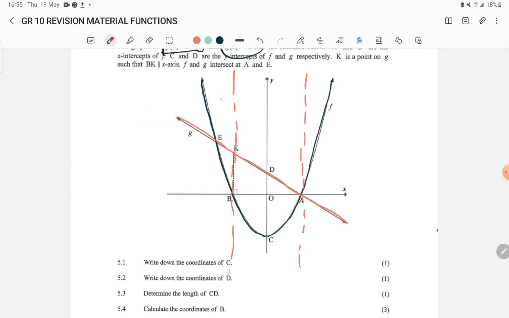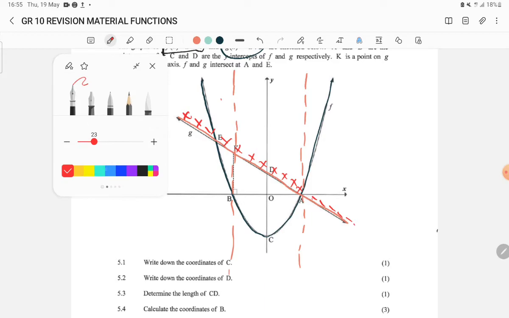f(x), g(x) is positive here. g(x) is positive on the line that is above the x-axis, and g(x) is negative right below the x-axis.